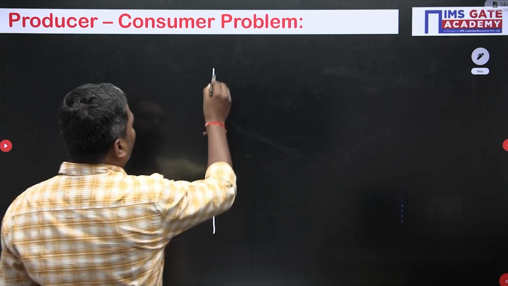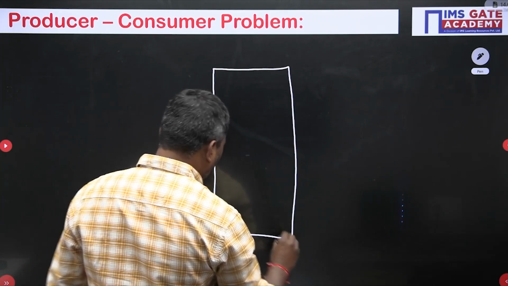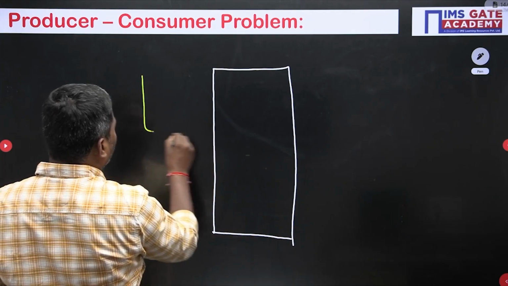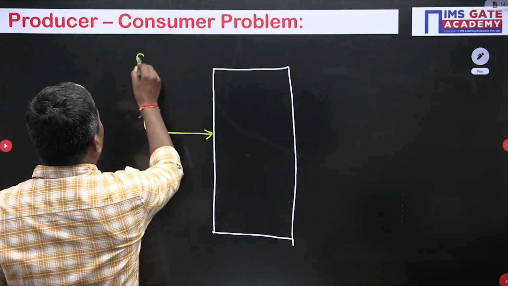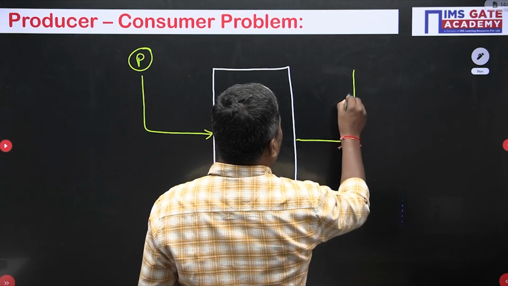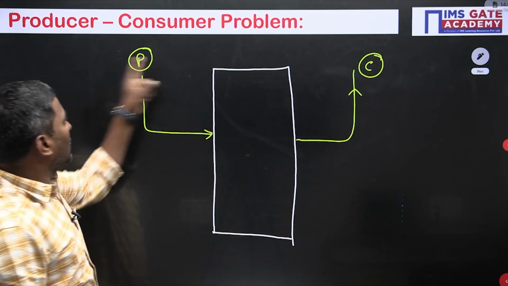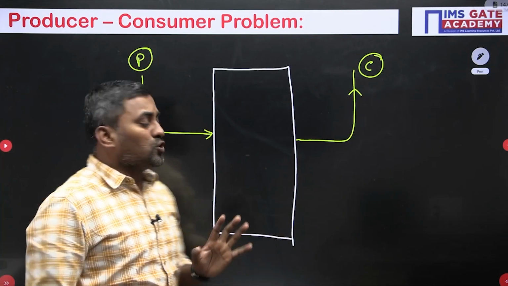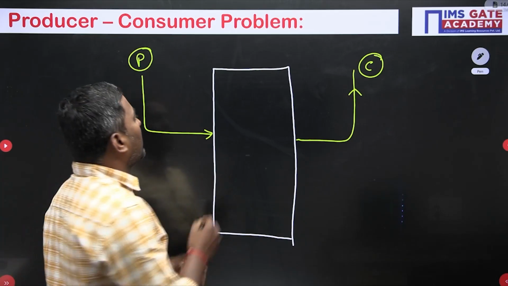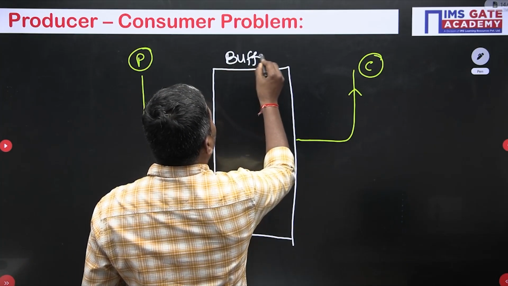The producer is one process, and the consumer is another process. There are 2 processes, producer and consumer. Both are sharing a common buffer, the shared resource.